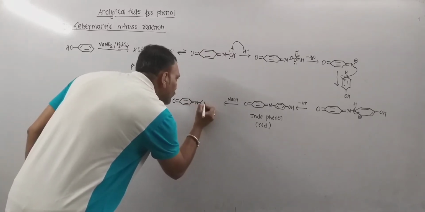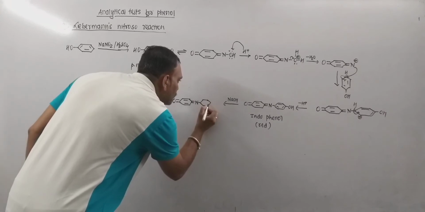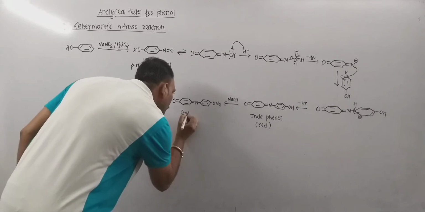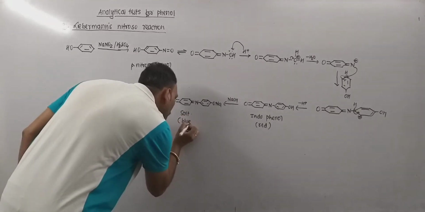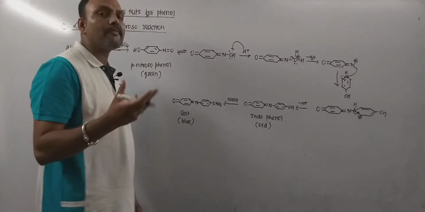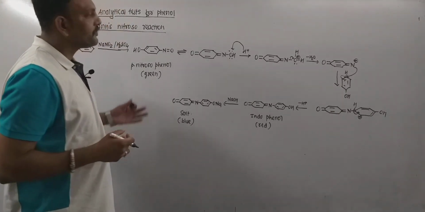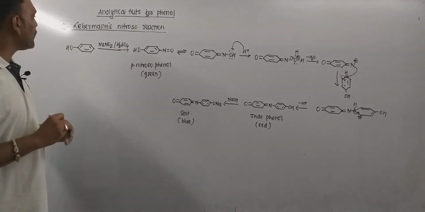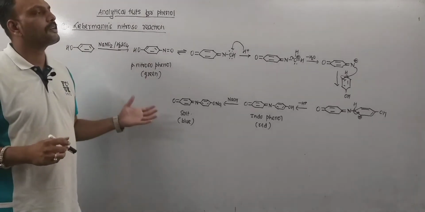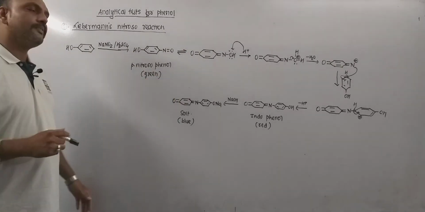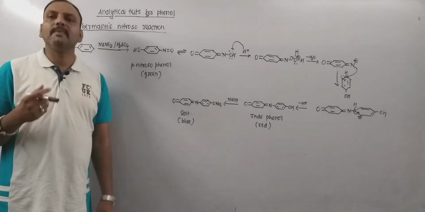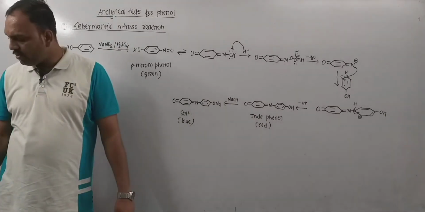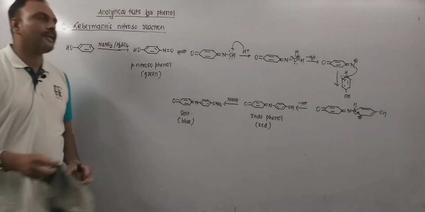Remember, this salt of indophenol is blue in color, in fact deep blue in color. So if such color changes are observed when we conduct these operations, then no doubt the sample is of phenol, and this very popular test is known as Lieberman's nitroso test.